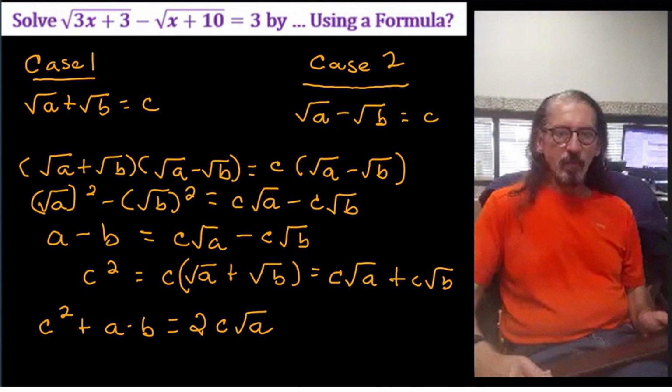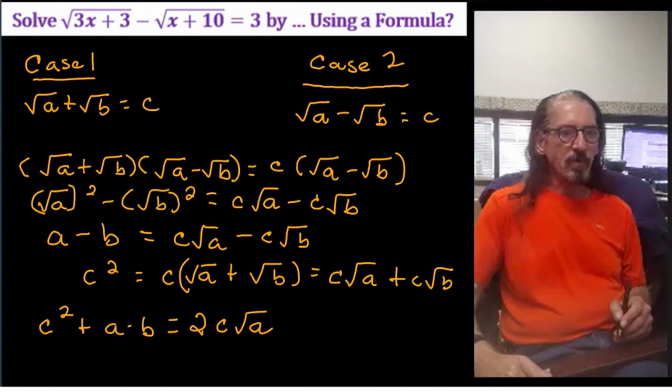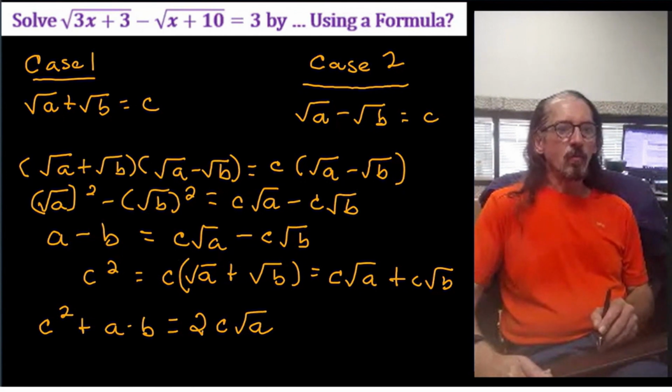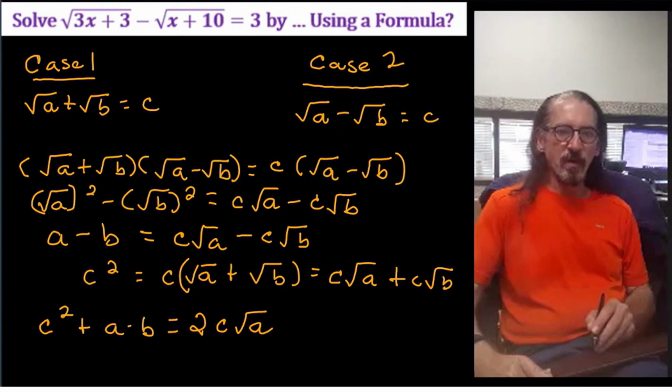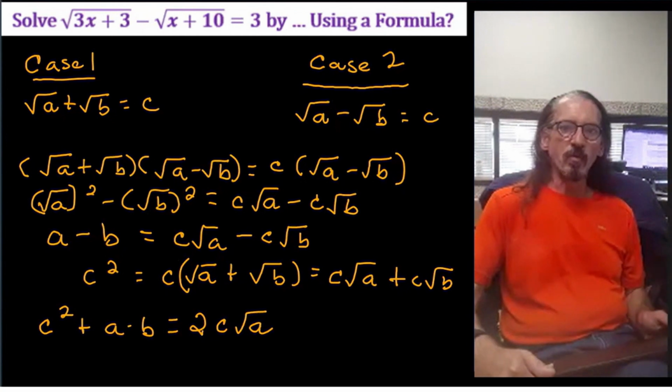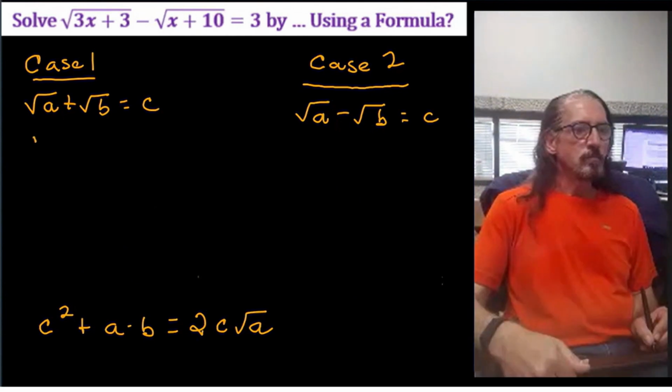I'm going to copy that over up at the top left and look at what we would get by multiplying both sides in case two by the conjugate, as well as multiplying both sides by c.